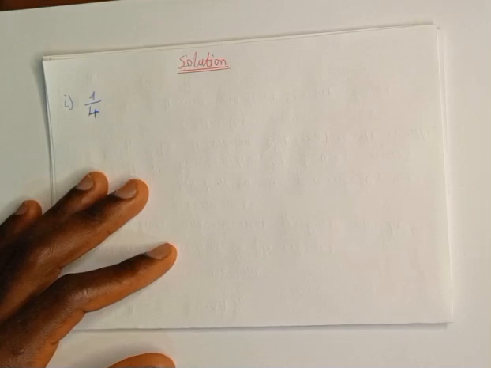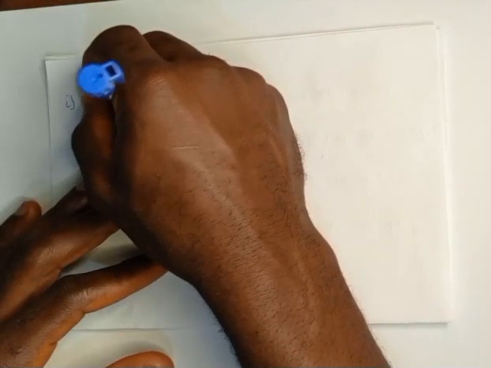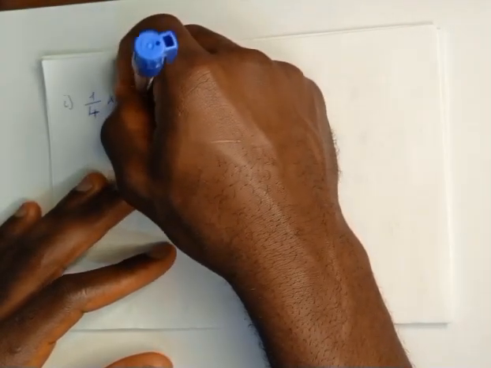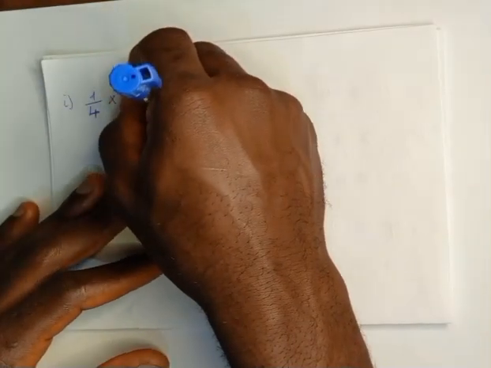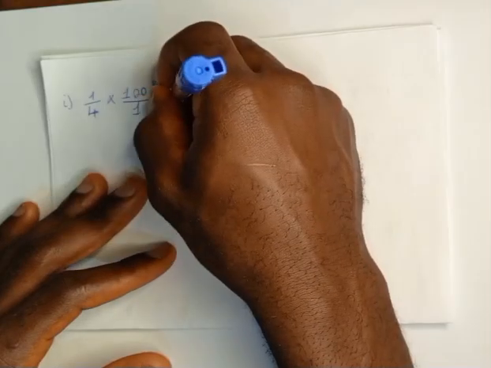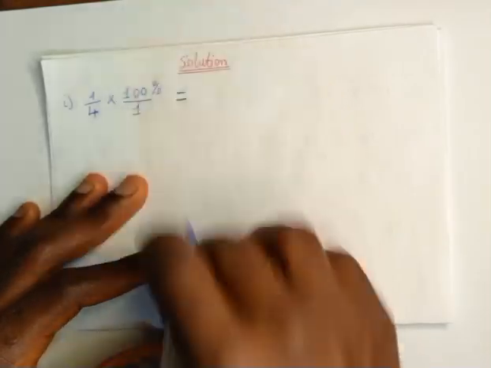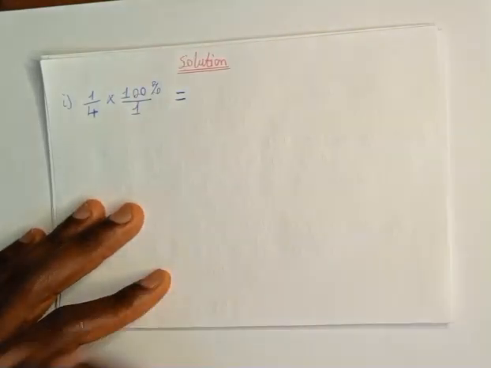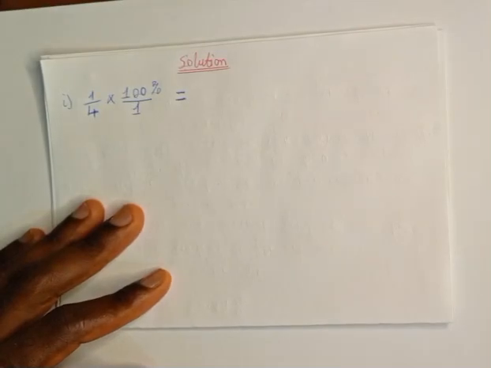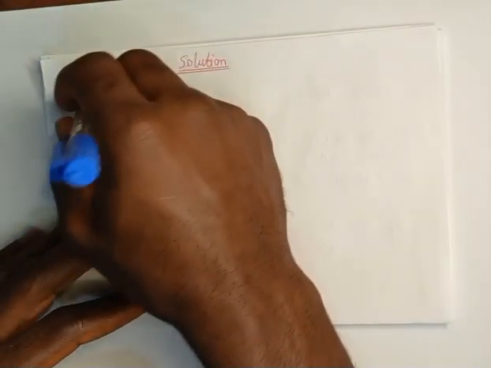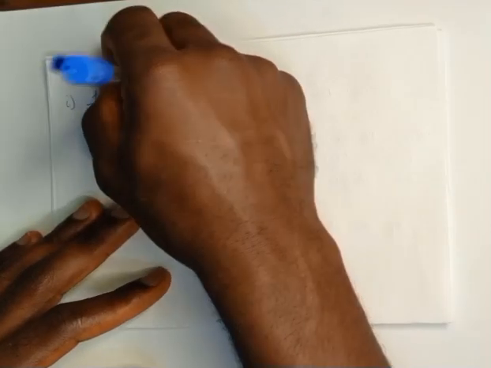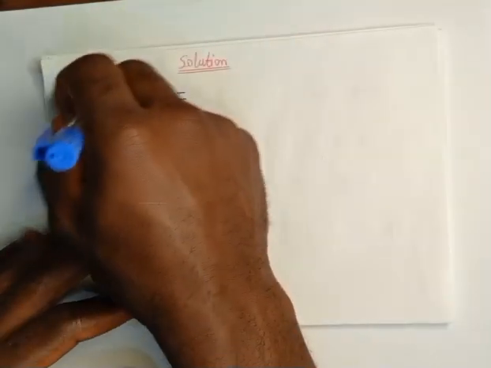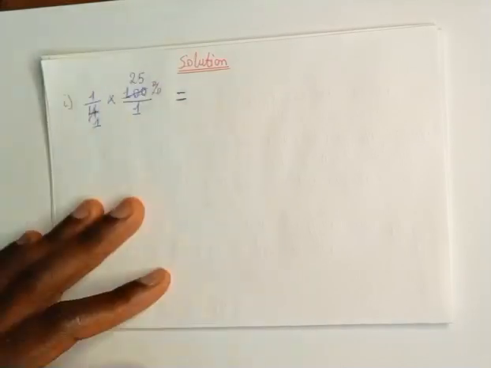to do is we are going to multiply the fraction 1/4 by 100%. You can write this as 100% over 1. This will simply be equal to, now we can perform the necessary simplifications. 4 will go into 100, 25 times. 4 will go into 4 at the denominator 1 time.